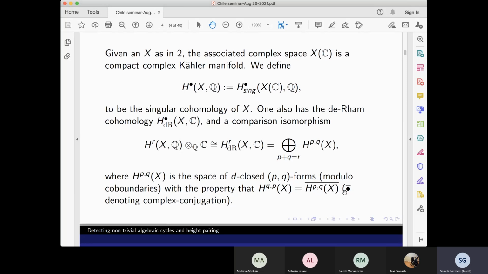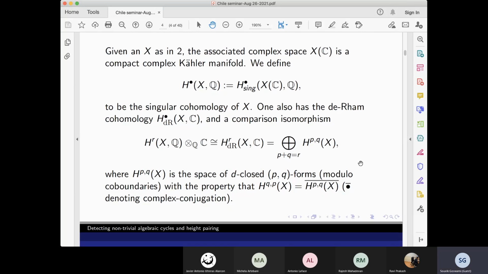For example, take X to be P1, the projective line, and take dz wedge dz bar. If you take the complex conjugate, you get dz bar wedge dz. So dz wedge dz bar is a (1,1) form.